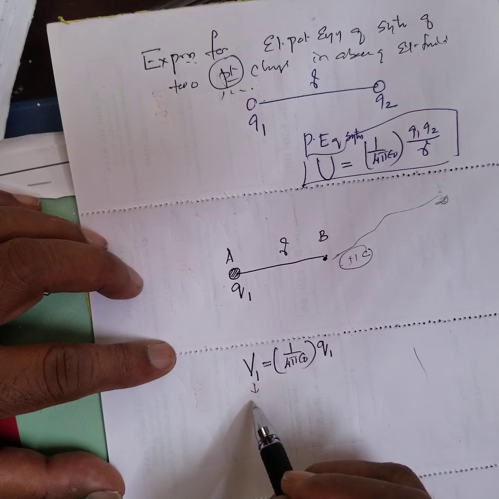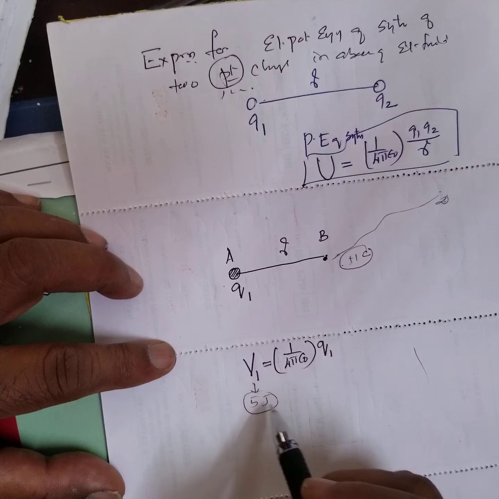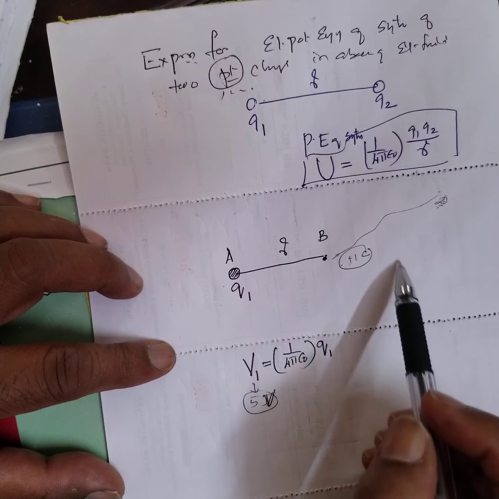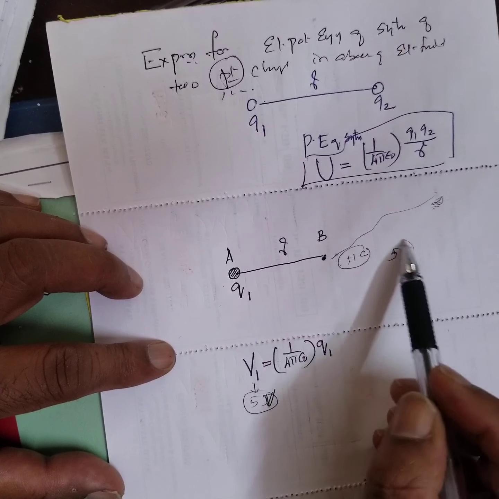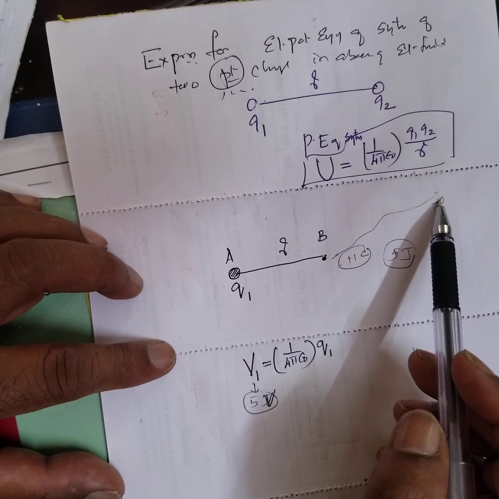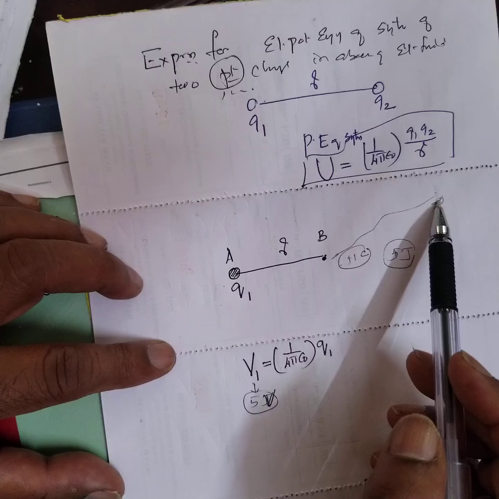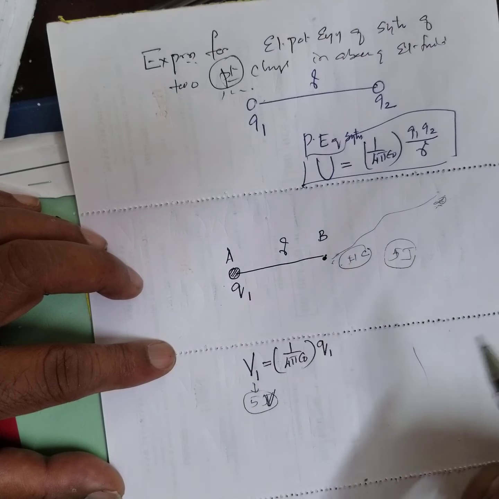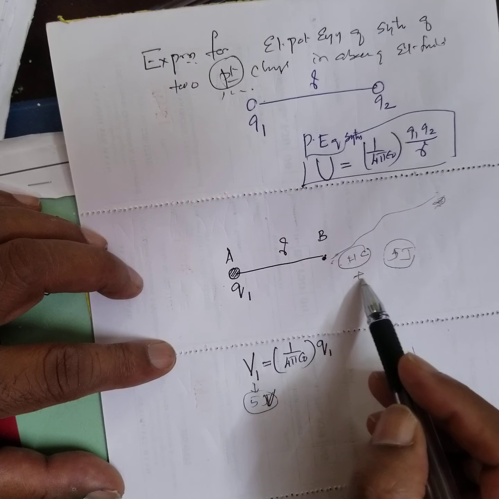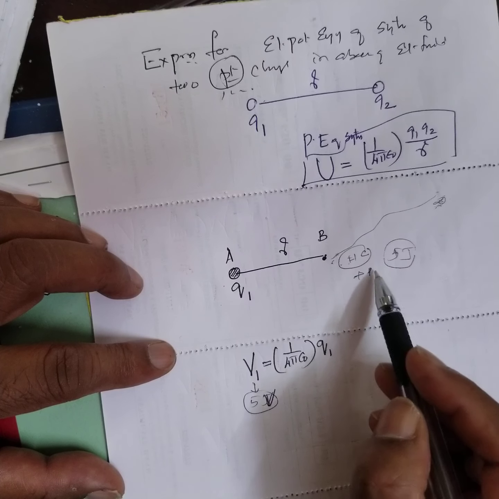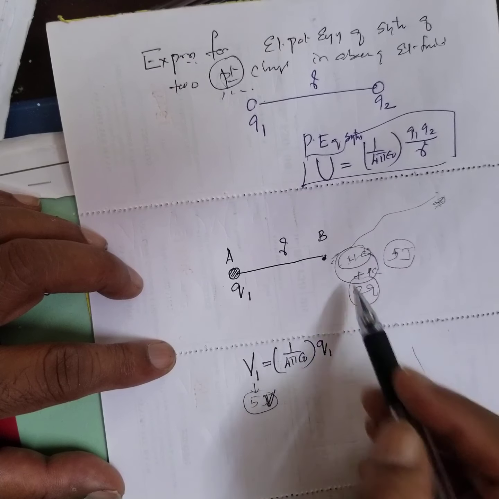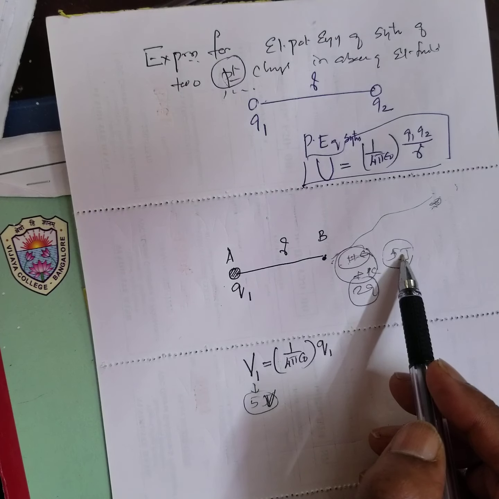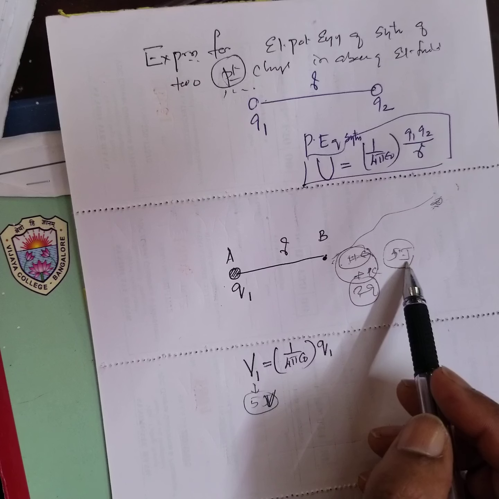Suppose this V1 is equal to 5 volt, 5 joules. That means you have to spend 5 joules of work in bringing 1 coulomb of charge from infinity to that point. If I bring 2 coulomb, what is the work done? For unit charge, 5 joules. For 2 charge, 10 joules.